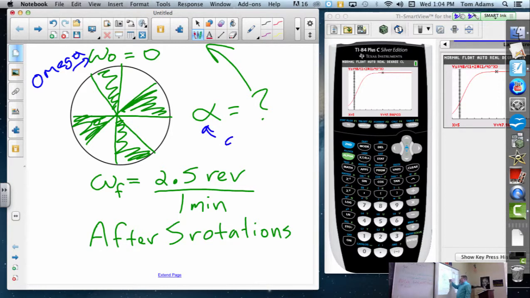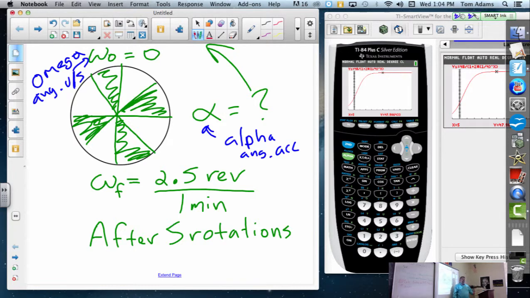This one is alpha, angular acceleration, and omega is angular velocity, or speed.